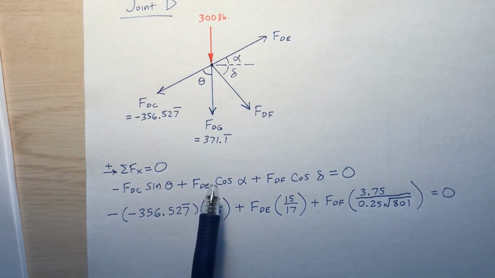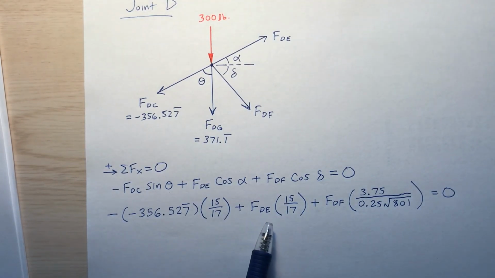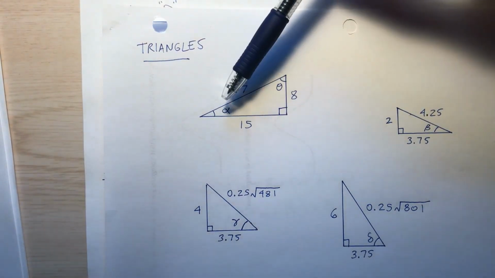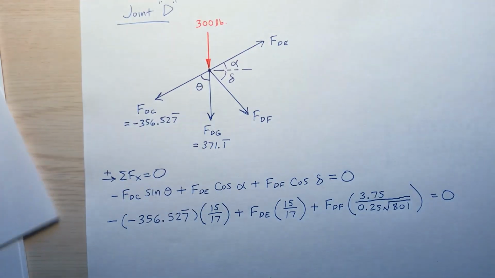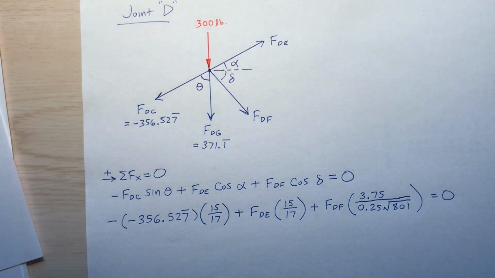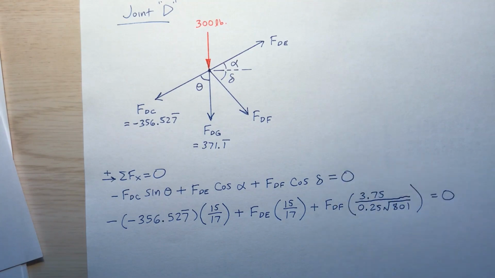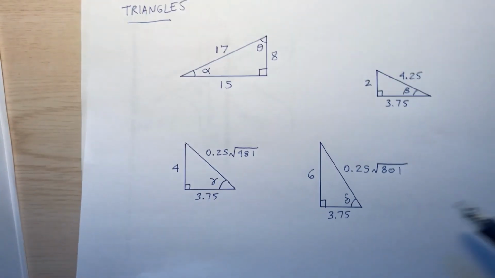Plus F sub DE. F sub DE, I don't know that, do I? Cosine alpha. Okay, alpha, where is that? Alpha, that's 15/17. Okay, so plus F sub DF, I don't know that either. Cosine delta. Okay, so remember this triangle?